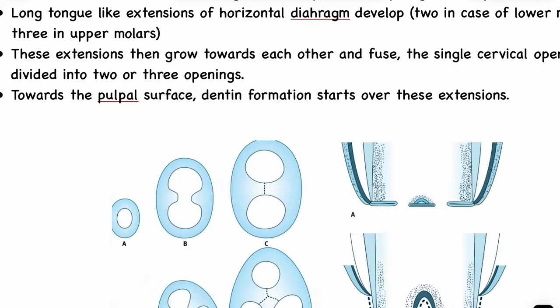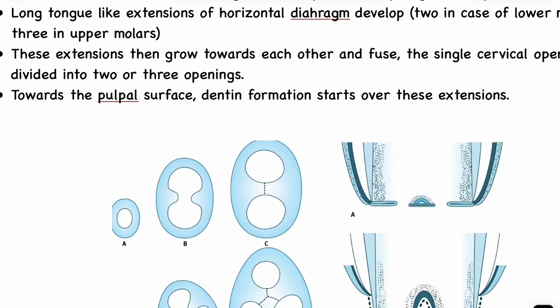If I want to form two roots, these tongue-like projections will be formed and they will eventually meet. And then there will be two apical foramina. This is the future apical foramen, right? So then two epitheliums will be formed and they will fuse together and give rise to a double-rooted tooth, a two-rooted tooth.